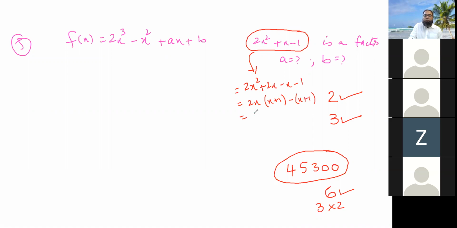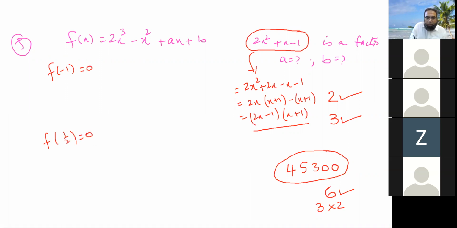So we have 2x minus 1 into x plus 1. So now this should be manageable for you. Now that means 2x minus 1 and x plus 1 are both factors of this. So you can say that, yes, f of minus 1 will be 0 and f of half will be 0.